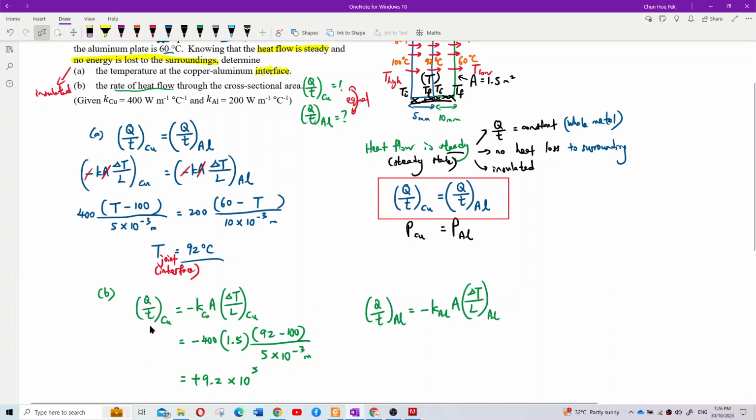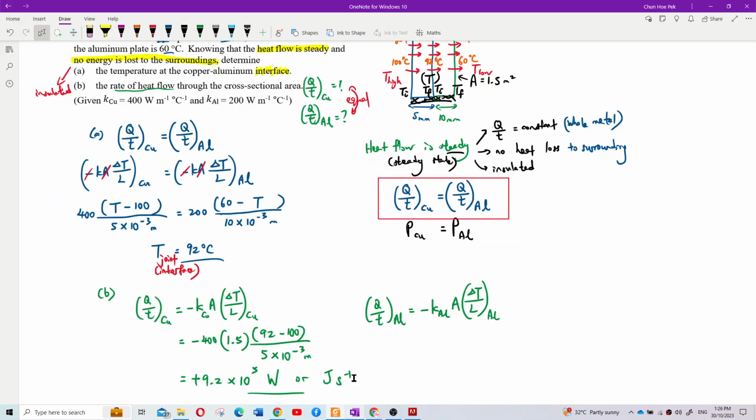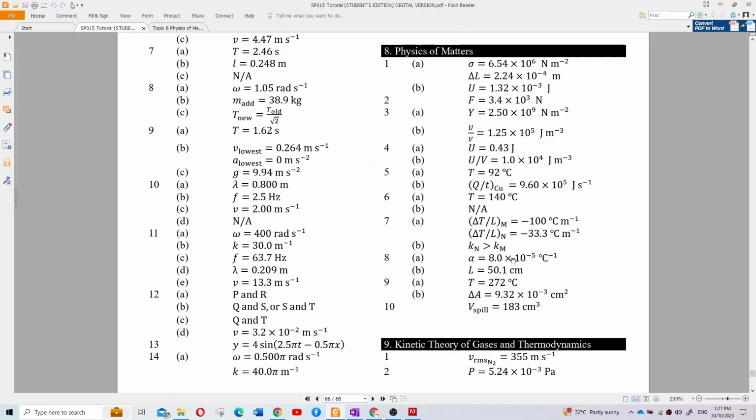Joule per second, or you can write watt, because it's actually power. Yeah, 9.6 exponent 5 joule per second.